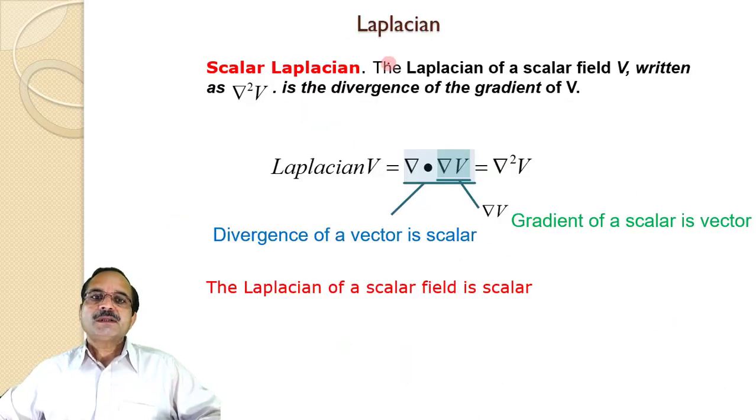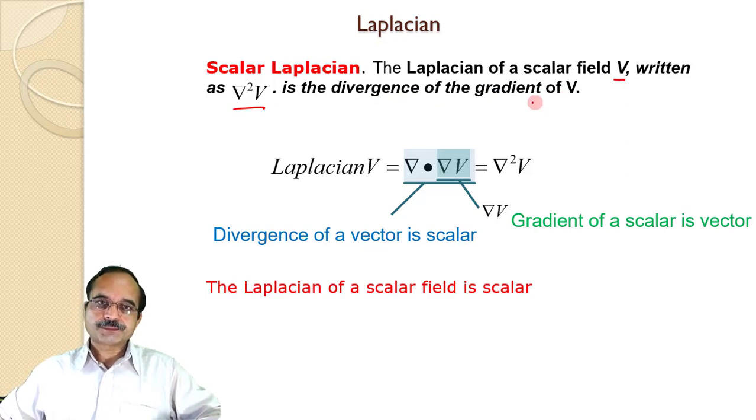Now let us see what is the Laplacian operator. Basically this is a derivative type of operator. Laplacian of a scalar field V is written as del square V. In other words, it is nothing but divergence of the gradient of V. V is a scalar quantity.